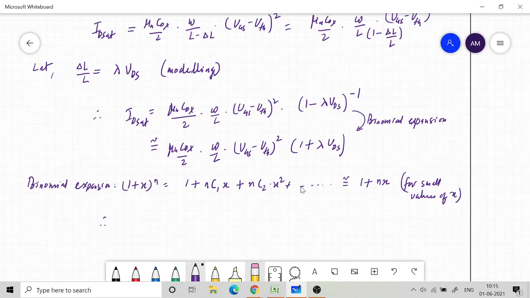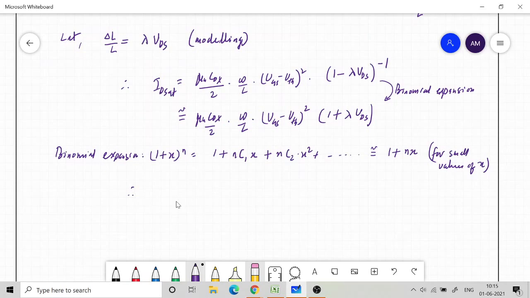By default in LTSpice it was taking lambda equal to 0, but as you specify it using the Spice directive, you can have a non-zero lambda. Okay, so that is basically a modified equation which includes what is called channel length modulation for ID sat.